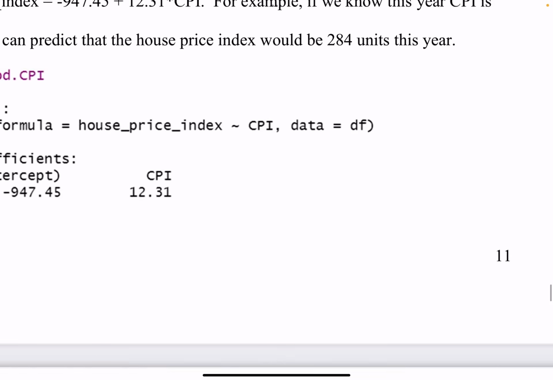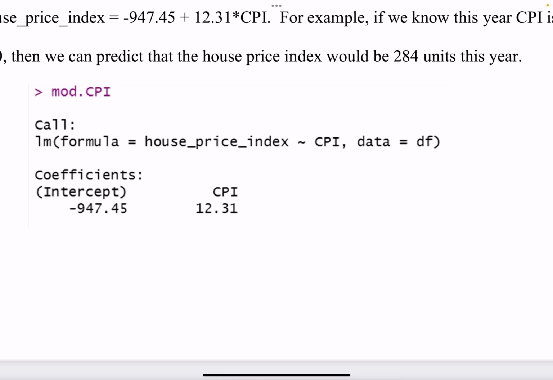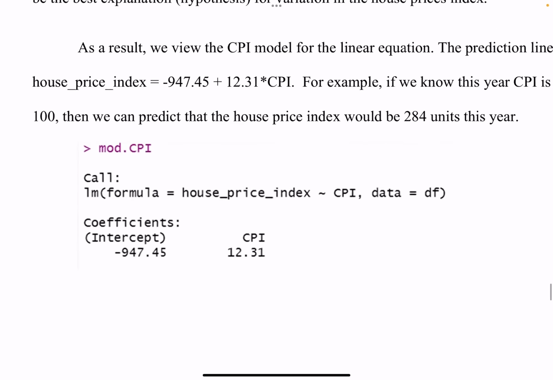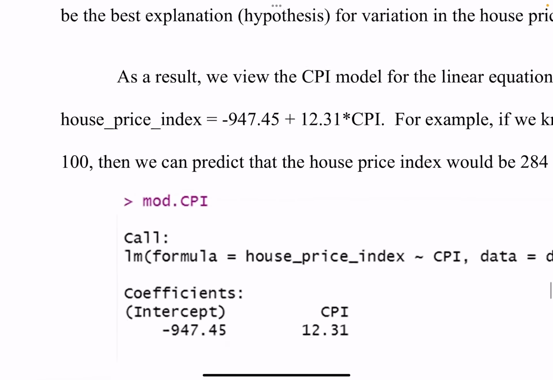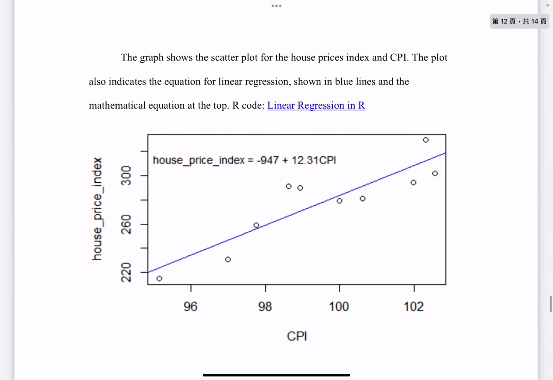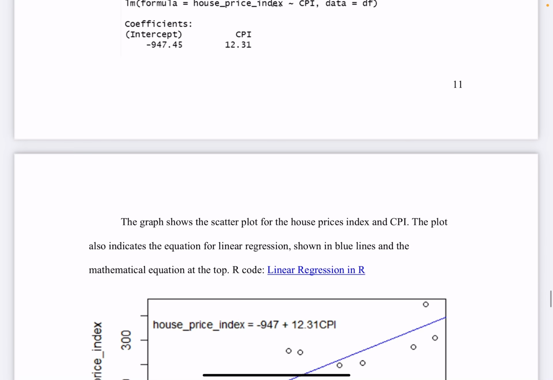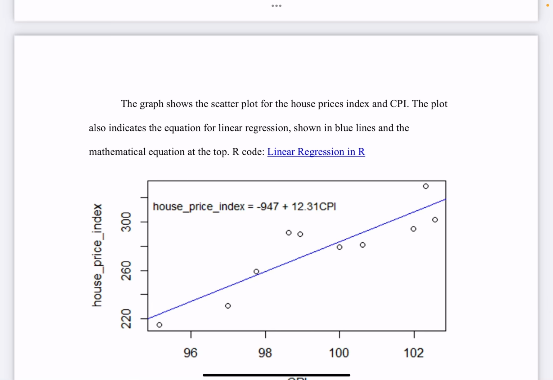So let's call the function of model CPI, and we can see the coefficient and the slope. So the line looks like this. House price index equals negative 947 plus 12.31 multiplied by CPI.